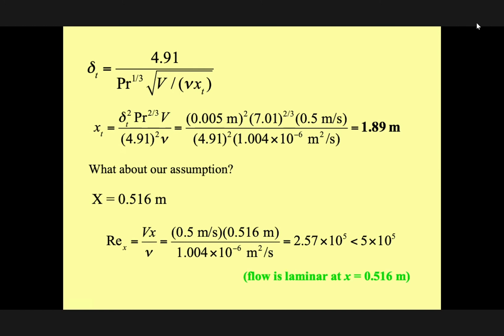Okay? Now we can come back, and because we discussed it later on, how our assumption was made here, because we look again at the flow over a flat plate. Over a flat plate, before this length, we consider the flow independent from the lower plate and upper plate. And after that, it becomes merged, okay?